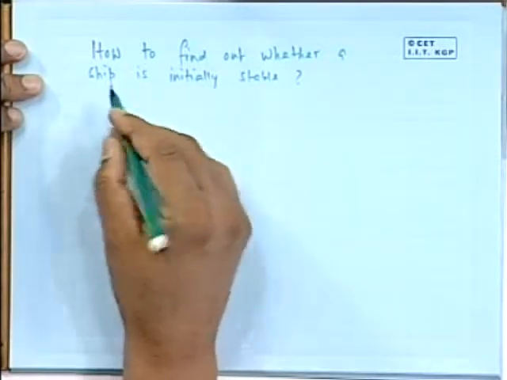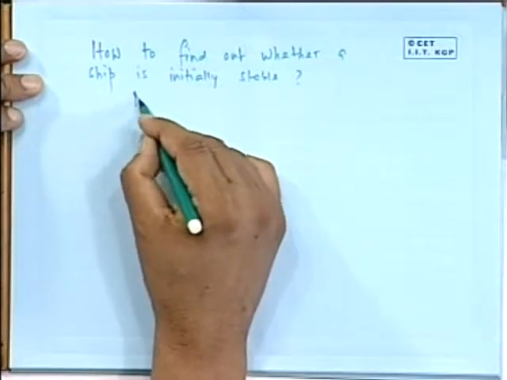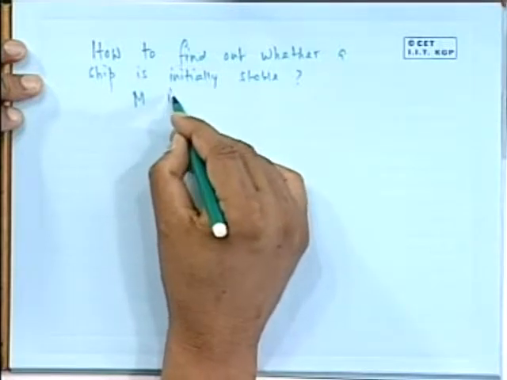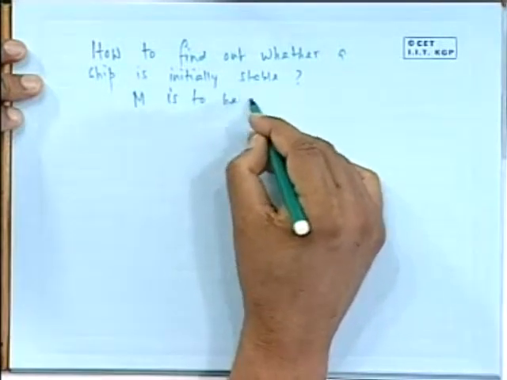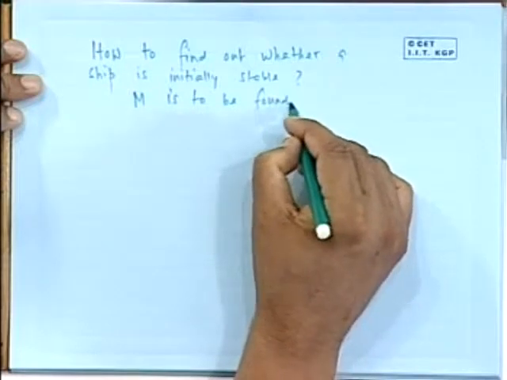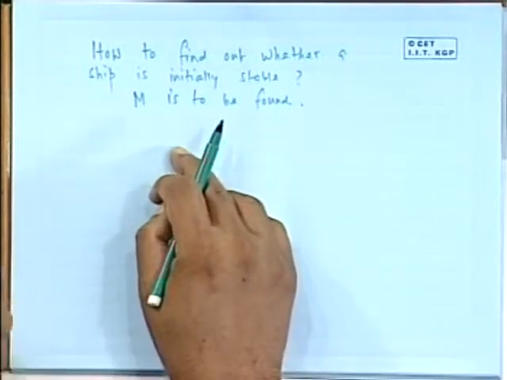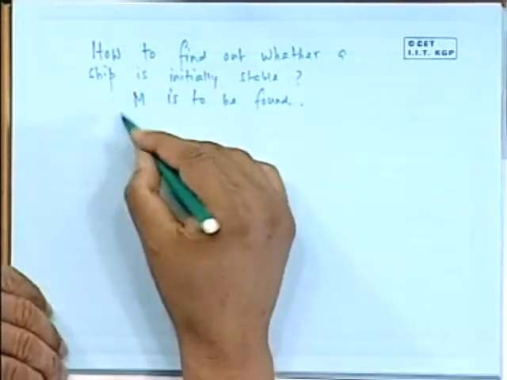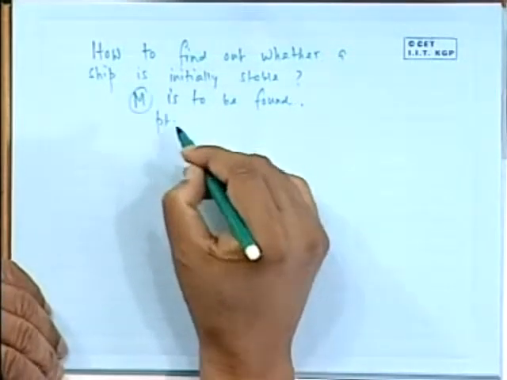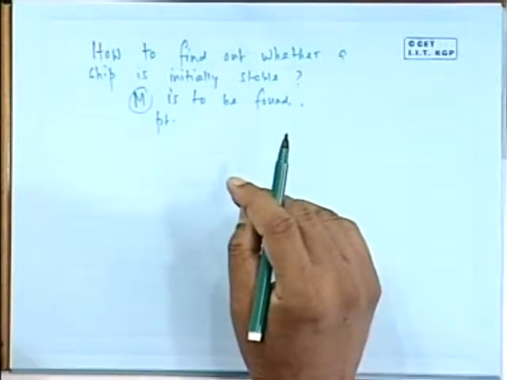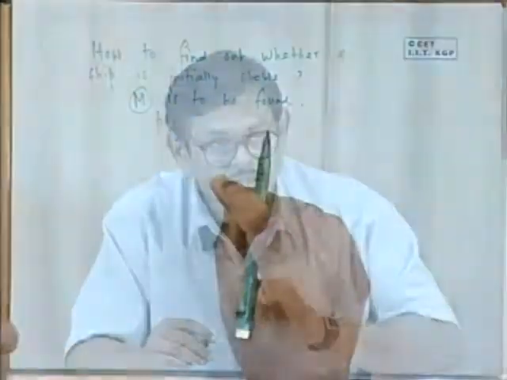Obviously, we need to find out the metacenter. We must find out the metacenter. So if I can find out the metacenter location, the metacenter is a point. Remember, this is a point. So really, I have to tell I want to know the metacenter.